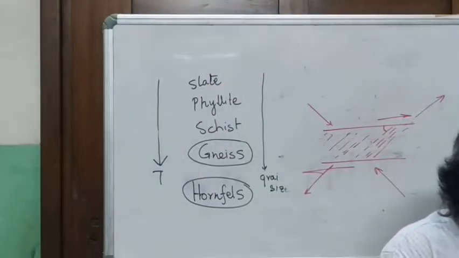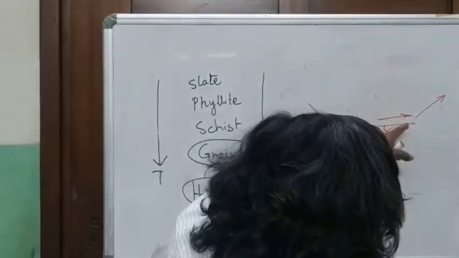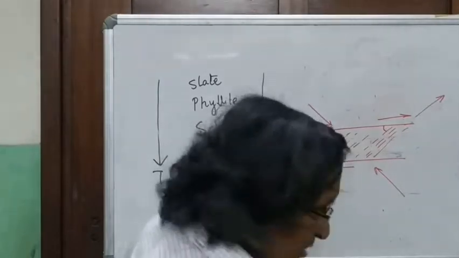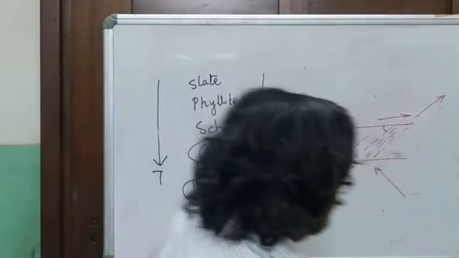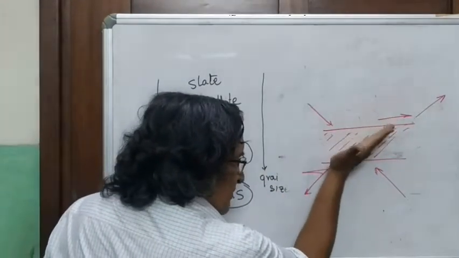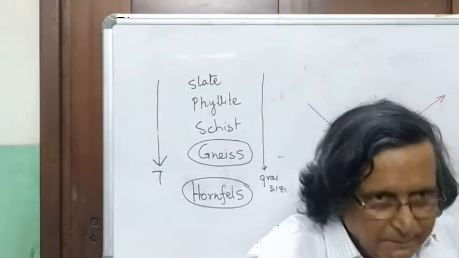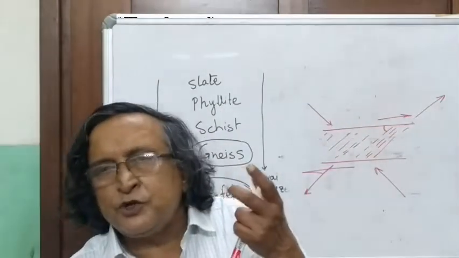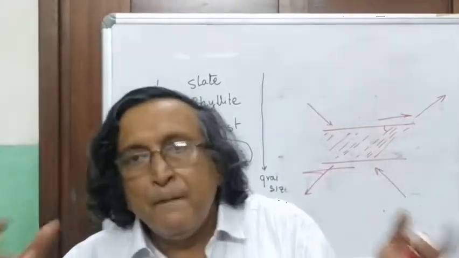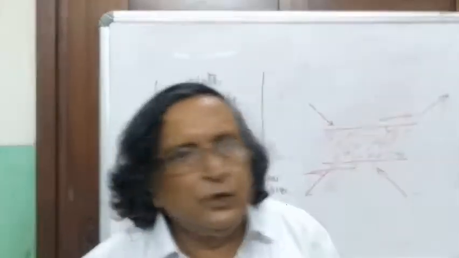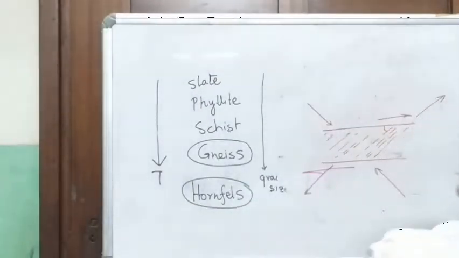So the orientation of this alignment of the anisotropic minerals, the angle between the shear zone wall and the foliation, would vary depending upon how much pure shear and how much simple shear component there is during deformation. But the cardinal rule is it will form perpendicular to the direction of shortening.